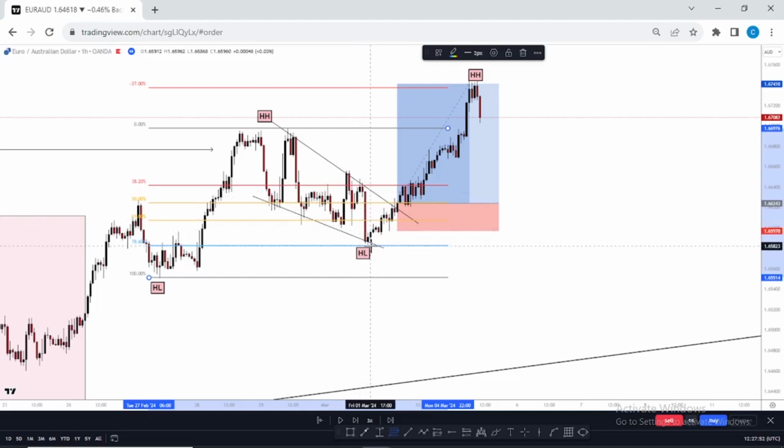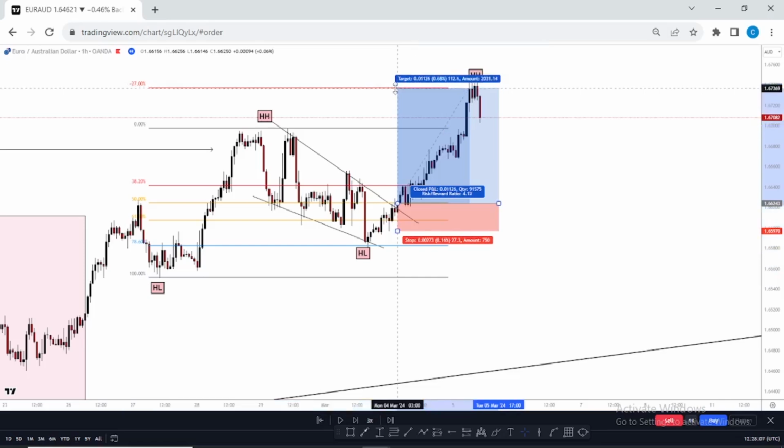The price retraced to our Fibonacci 78.60, which is this blue line right here. That's where price retraced to. And where was my take profit? My take profit was at our negative 27% Fibonacci extension level. So that's why I placed my take profit there.